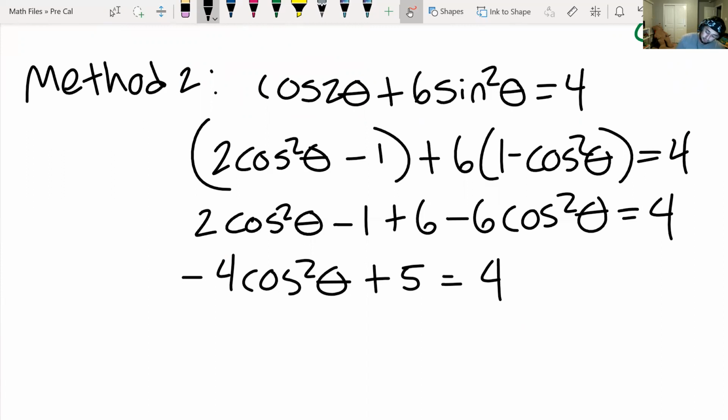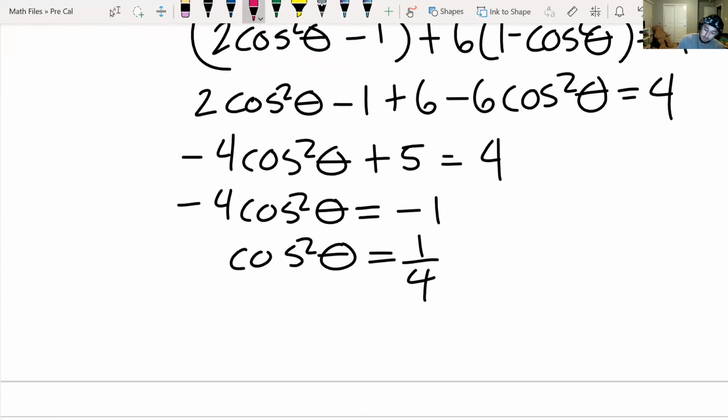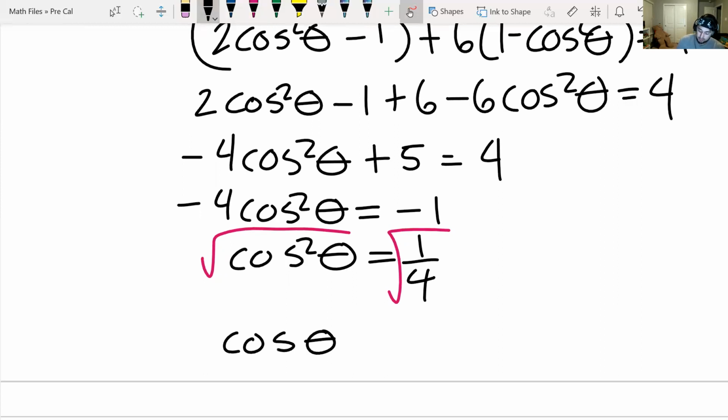All right. And then subtract the 5. I get negative 4 cosine squared theta equal to negative 1. Divide by negative 4, and I get cosine squared equals 1/4. Then square root, I get cosine theta equals, don't forget your plus or minus 1/2.